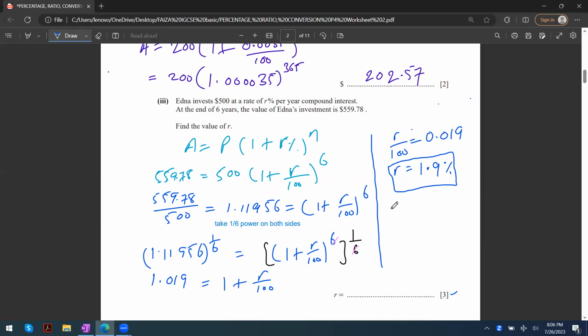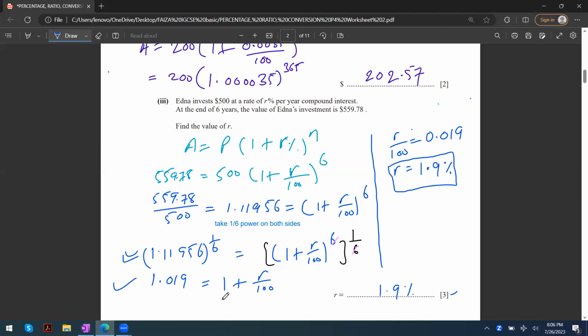Look at the question, you can note it down. This one is a little different type. Sir, can you explain this step from 1.019? This step is clear, right? Yes, sir.